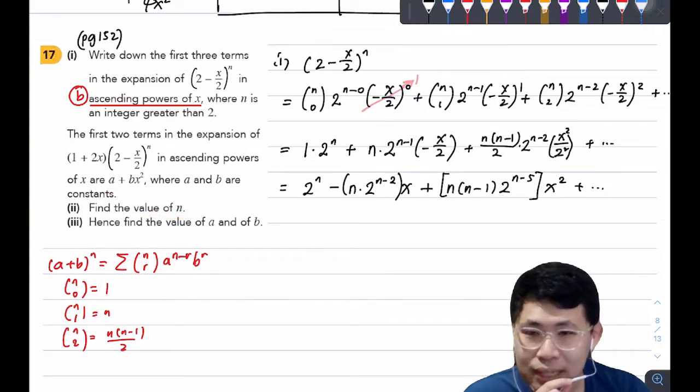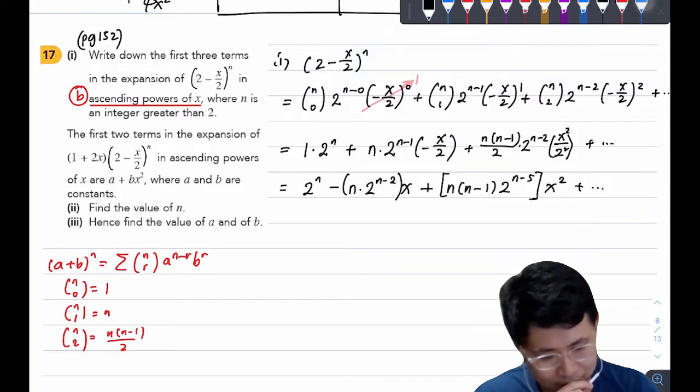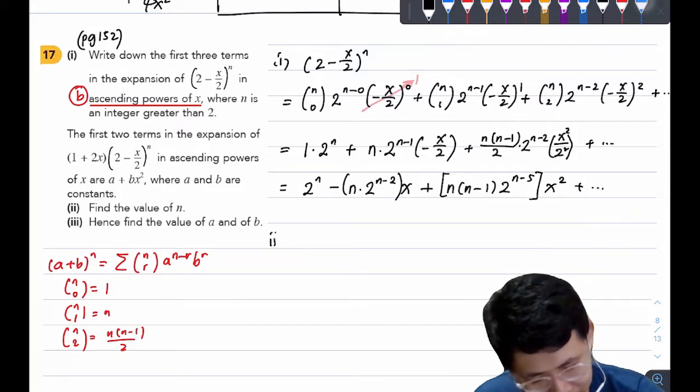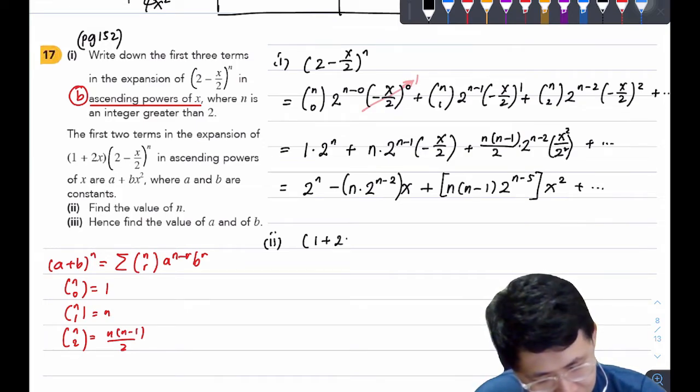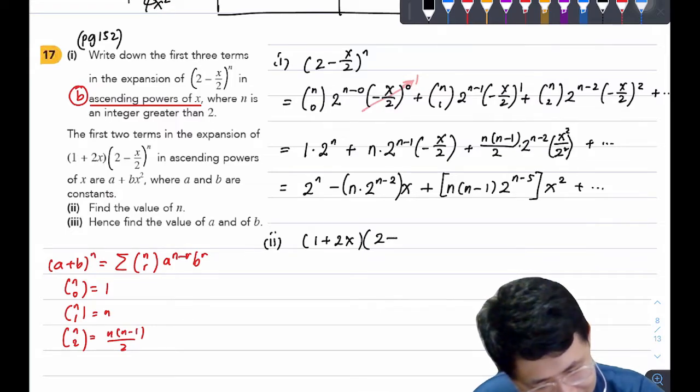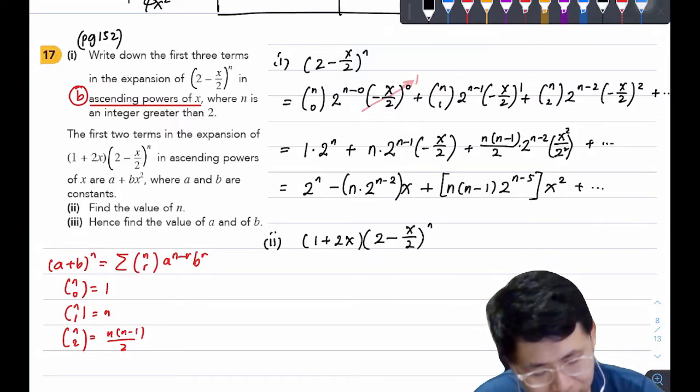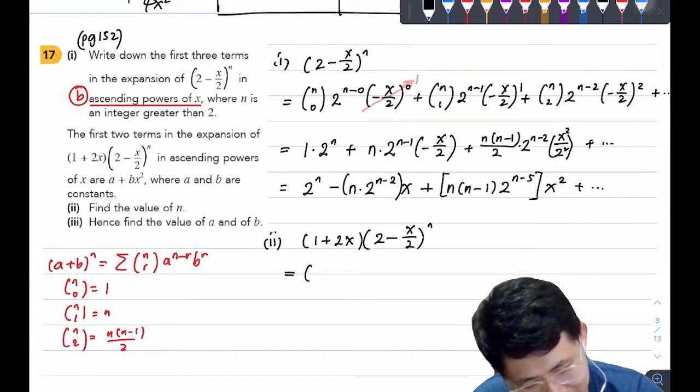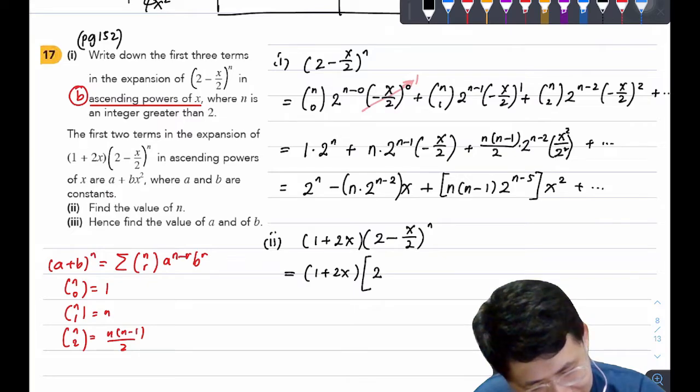So what we're going to do is expand this one over here. Okay, I'm going to expand. So over here I have 1 plus 2x times 2 minus x over 2 to the power of n. So I'm going to expand this with this ungodly thing.